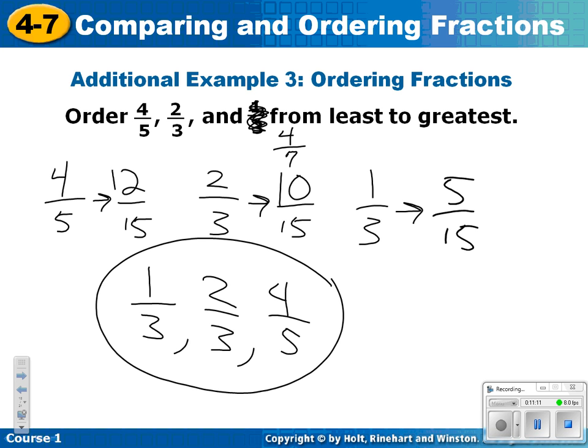Common denominator. 35. 3 doesn't go into 35. You have to find something that all three of them will go into.